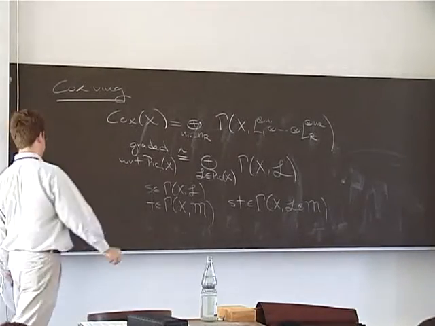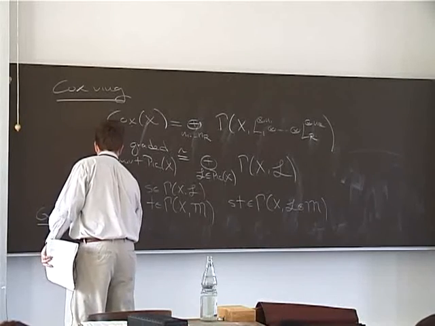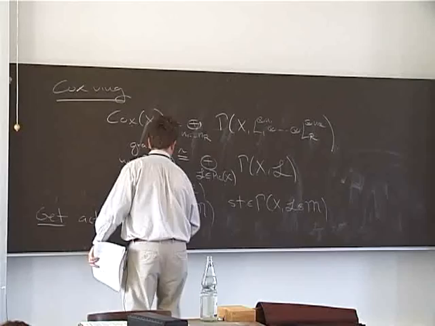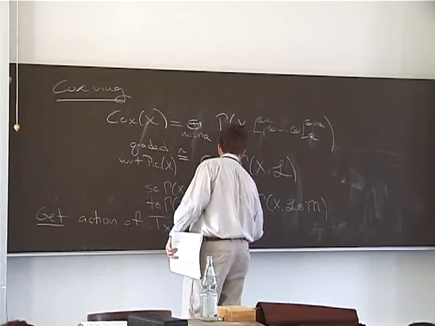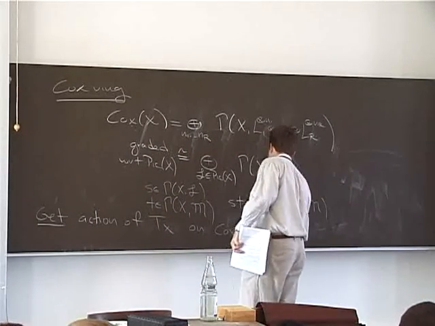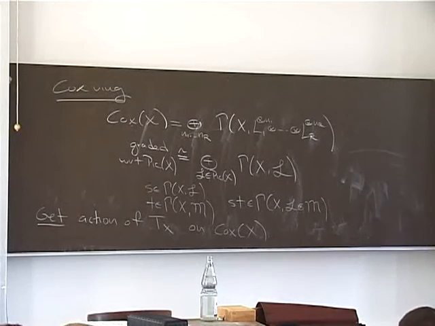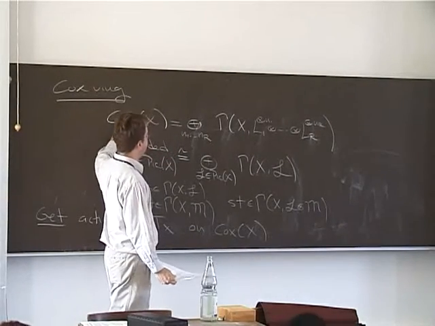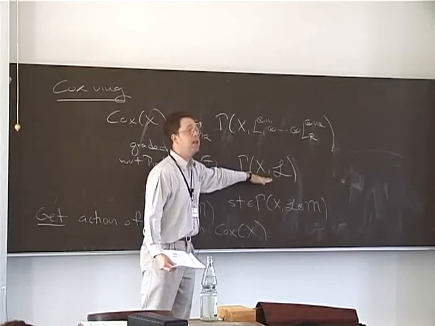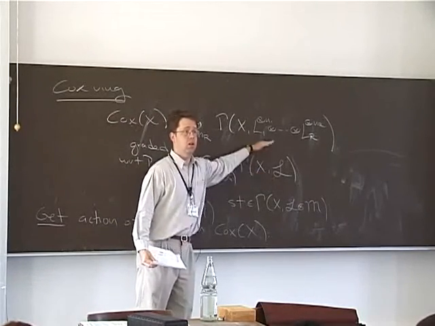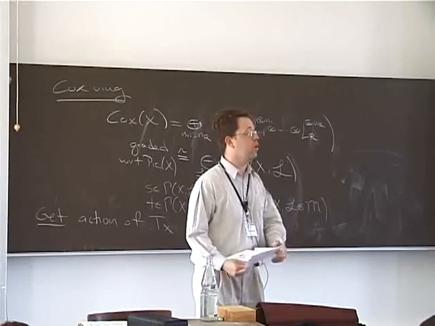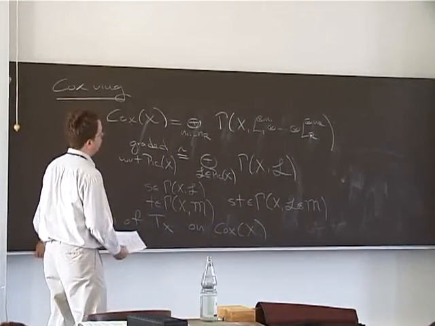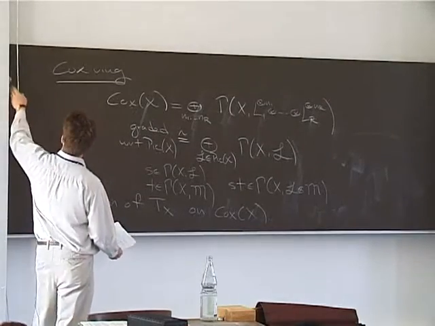We get an action of the Néron-Severi torus T of X on the Cox ring. So I just let the torus act on this graded piece by the corresponding character, which are indexed by the Néron-Severi group. Okay, so this is the basic definition.